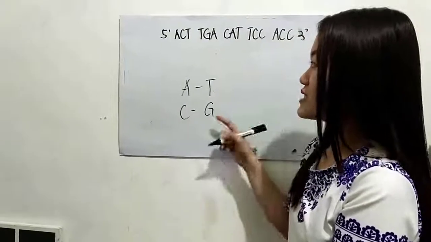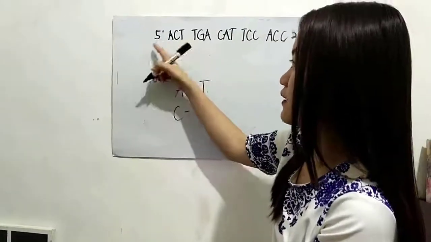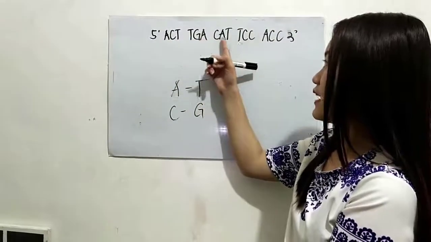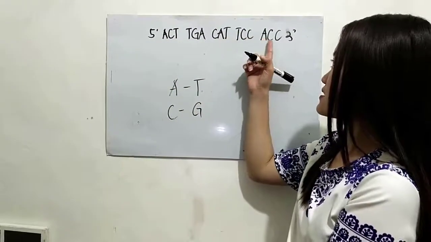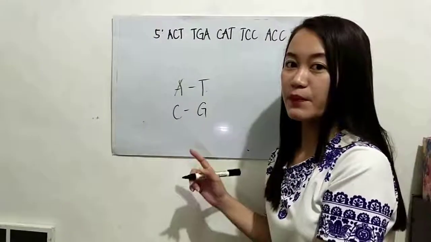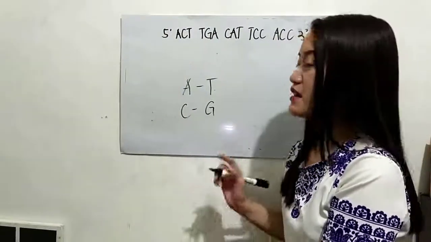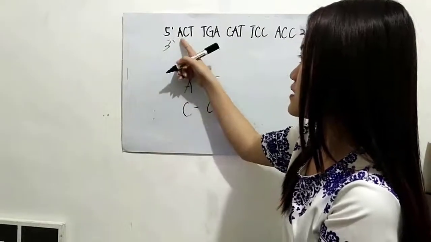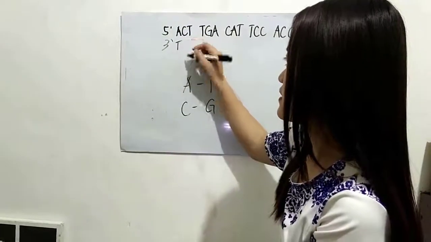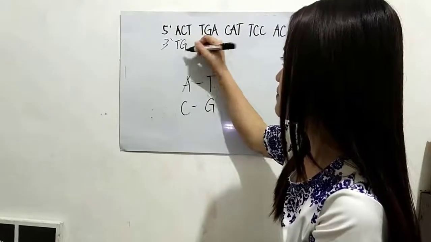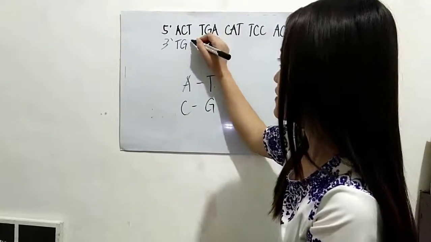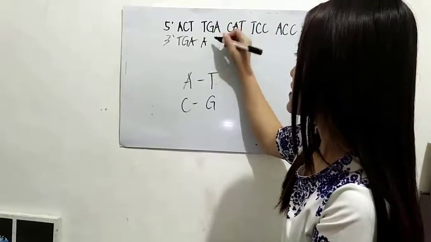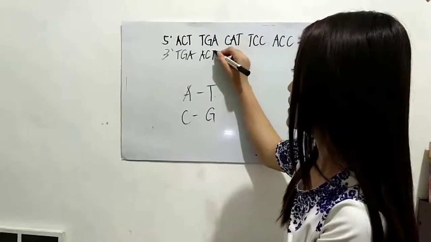Okay. So, let us have an example here. Okay. So, we have 5' ACT, TGA, CAT, TCC, ACC 3'. Okay. Hanapin natin yung complementary base niya. Okay. So, 5' is 3'. So, adenine is thymine. Dito ay guanine. Here is adenine. Next is adenine again. Cytosine. Thymine.